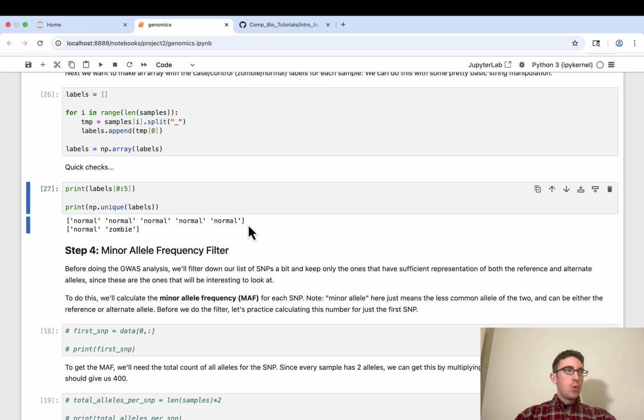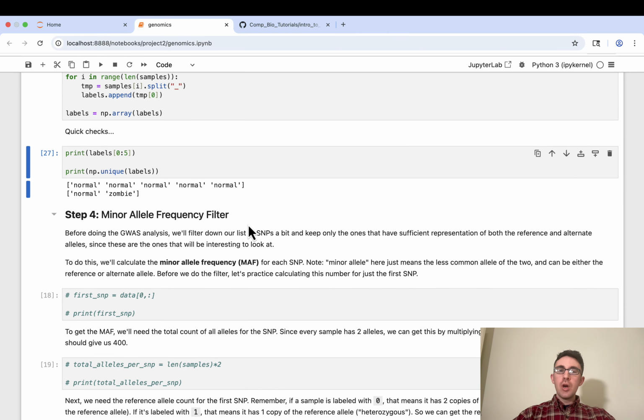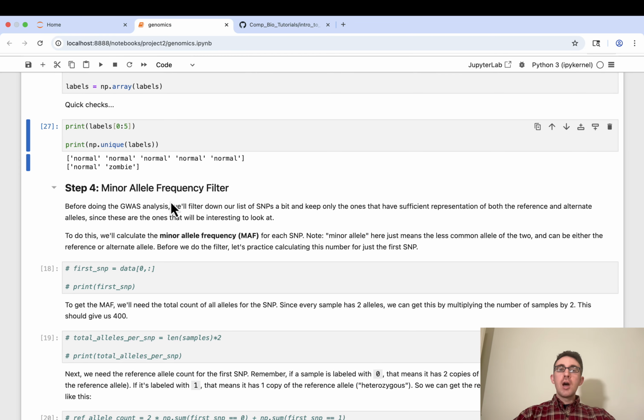But there is one more thing we need to do before we scan all the SNPs to calculate the p-values. The topic of this video is that we're going to apply what's called a minor allele frequency filter.